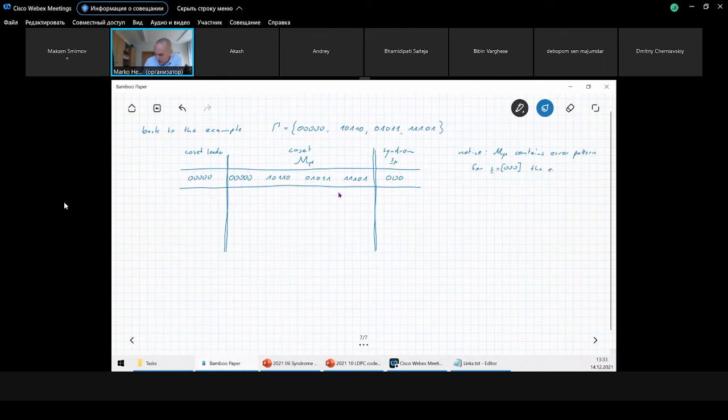The error patterns are identical with, let's just write gamma. Which means no error, right, sir? Yes, exactly. This means no error.